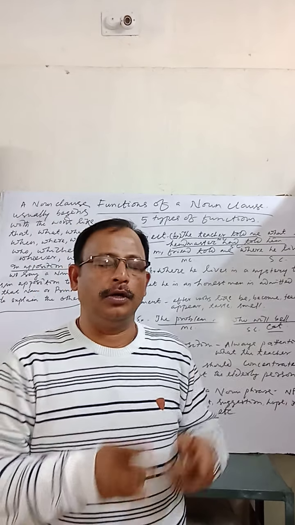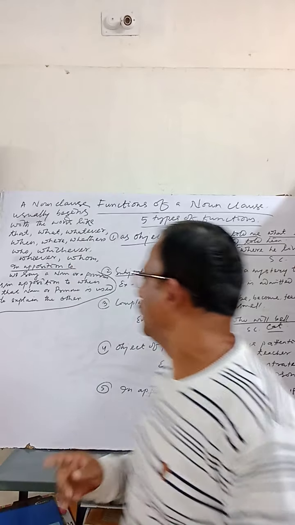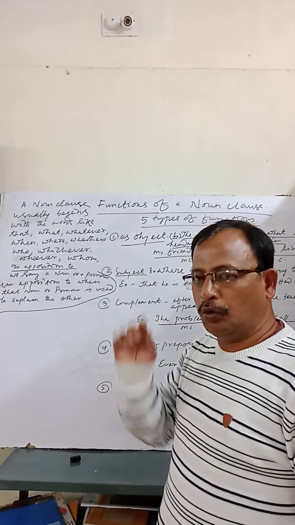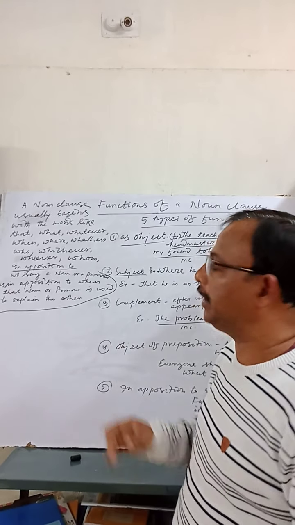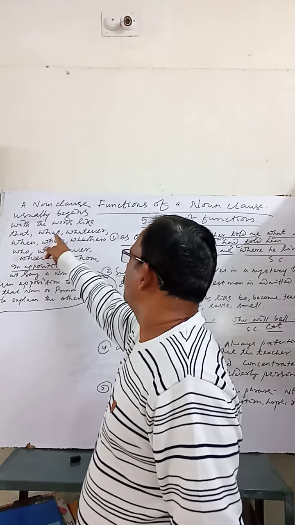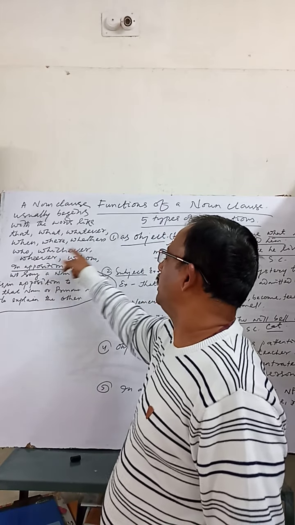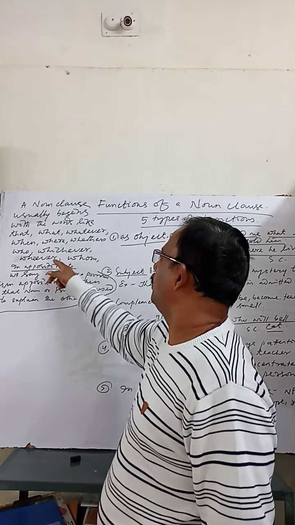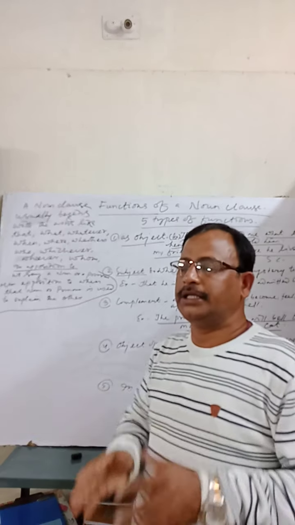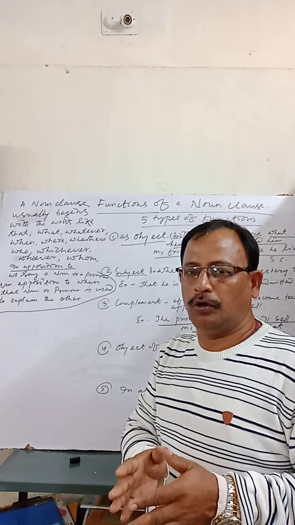Before going to the functions, as I told you in my last class, a noun clause can begin with words like that, what, whatever, when, where, whether, who, whichever, whoever, whom, etc. These are the words used at the beginning of a noun clause.